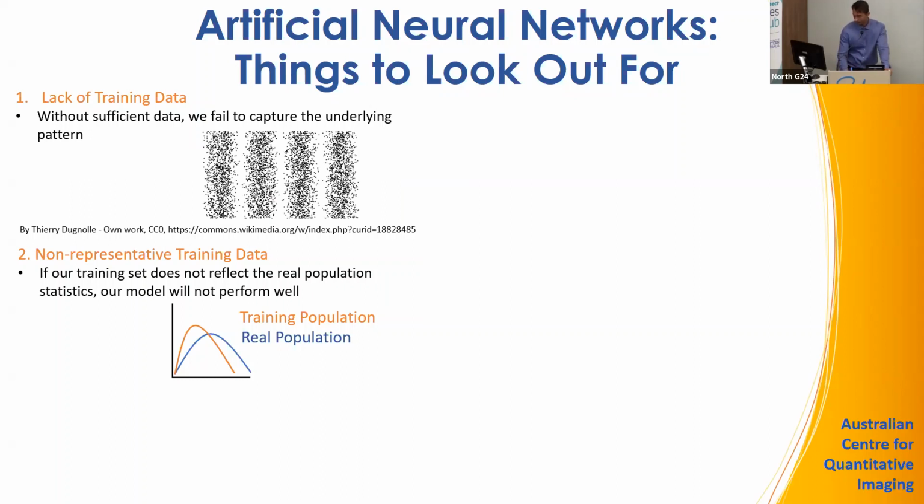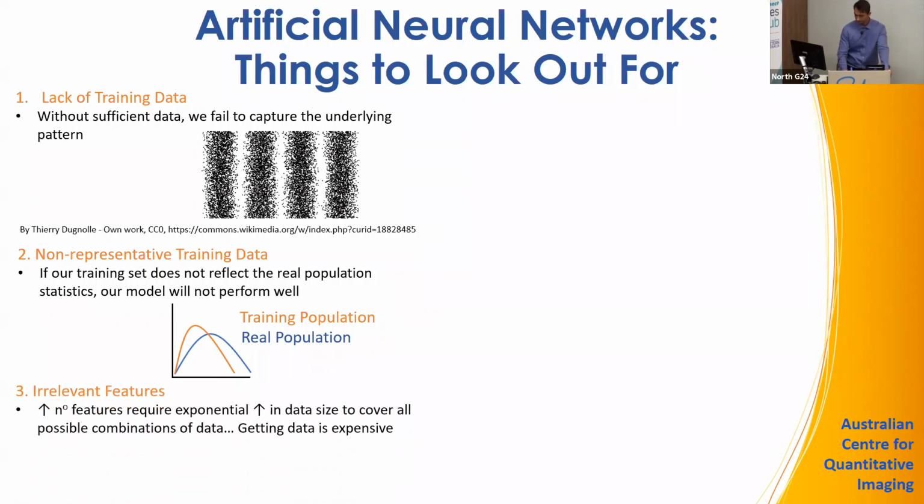As Jake said, no matter what you do, the data is the most important part of any machine learning operation. So you want to ensure that your training data matches the real population data as best as possible. You may also have irrelevant features. It's known that with an increased number of features, you need exponentially more data in order to cover all possible combinations of that data.